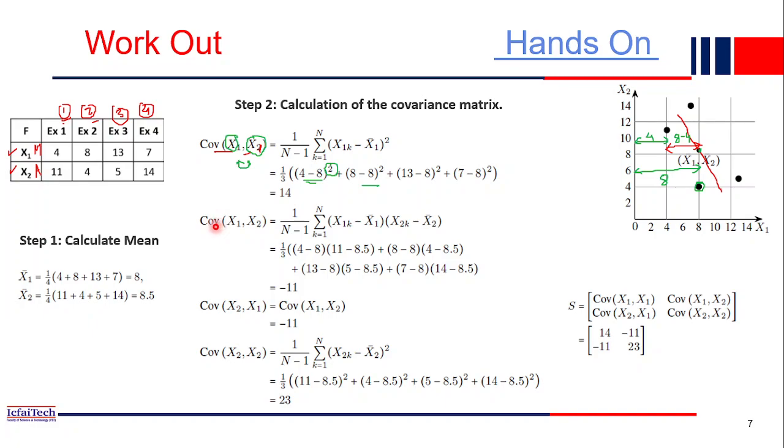So now find out covariance with x1 and x2. Covariance with x1 and x2. X2 means covariance, means we are finding out the relationship between apple and mango. X1 is basically mango and x2 is basically apple. So how to do it? So here what we are doing, we are comparing x1 with x2, means mango with apple. Then for example first point is this point.